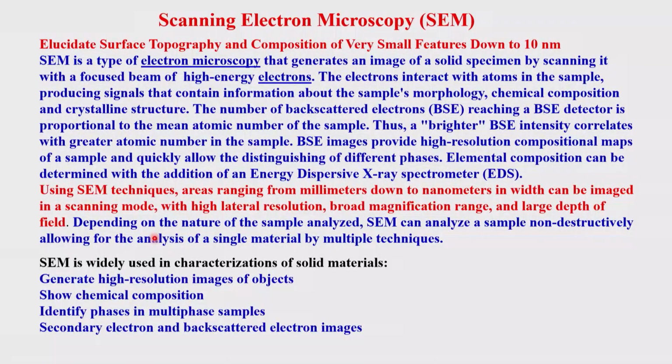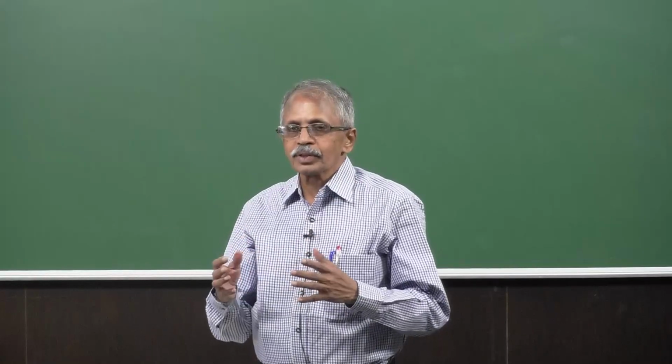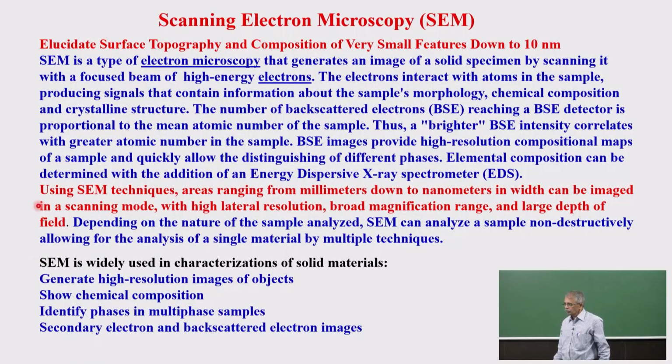You see some depth, and then the secondary electrons give that. So you can get scanning mode with a high lateral resolution, broad magnifications, and large depth of field. If you combine all these, it looks as if it is the total object.